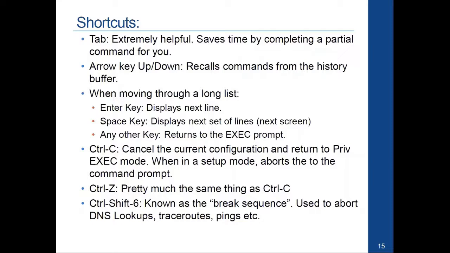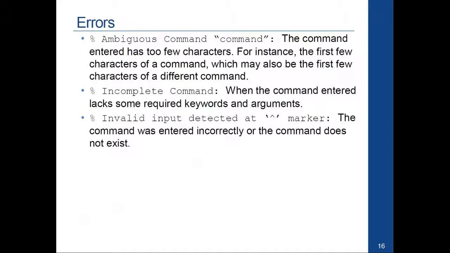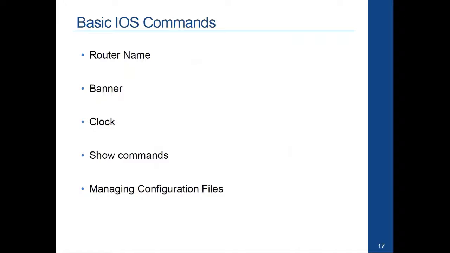So just have a look through them. If your command has an error or it's ambiguous, it will just say so and indicate with a marker if there is an invalid input. We'll see this when we go into Packet Tracer in more detail. So these are a few basic router commands. Let's try them in Packet Tracer.